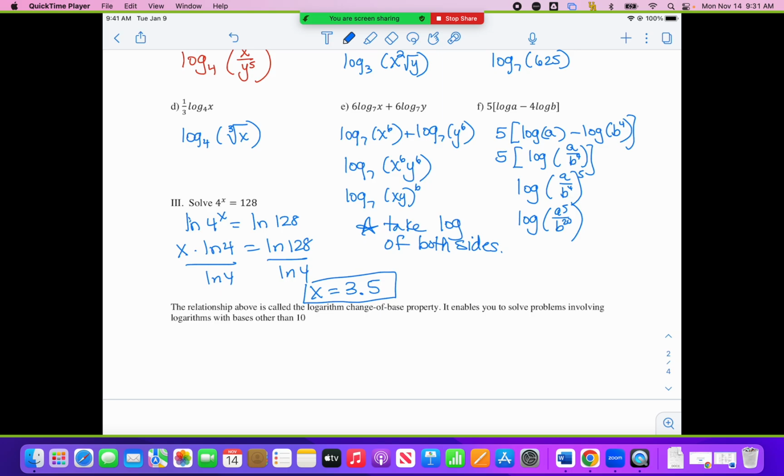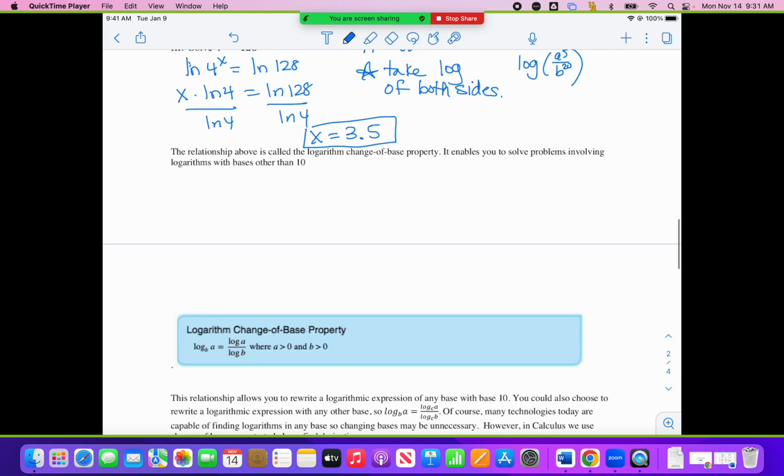Well, what I have here is actually called the change of base. We have something called the change of base property. And what it says is if I have a log base b of a, I can change it to what your calculator can do.